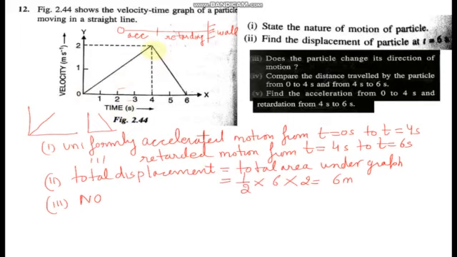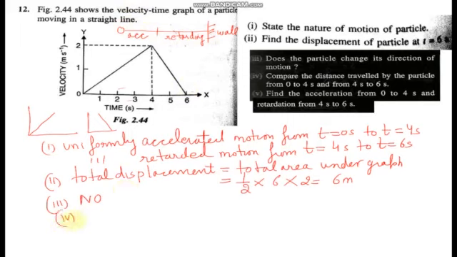So this part only represents that velocity is decreasing, its direction has not changed, it is moving in the same direction only, but velocity has decreased. So third part is no, the particle has not changed its direction.